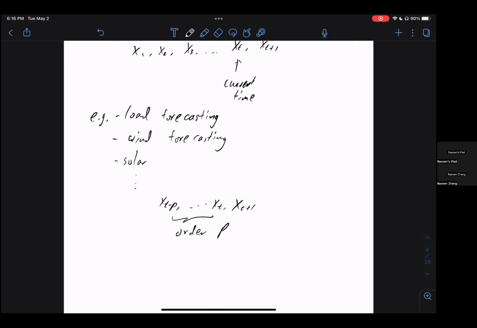So for people doing a project on this, let's say you're forecasting household load. This is actually a question you have to think about. I have historical data. I want to know the load for the next hour. How far back should I look? Do I want to give the last month of data?